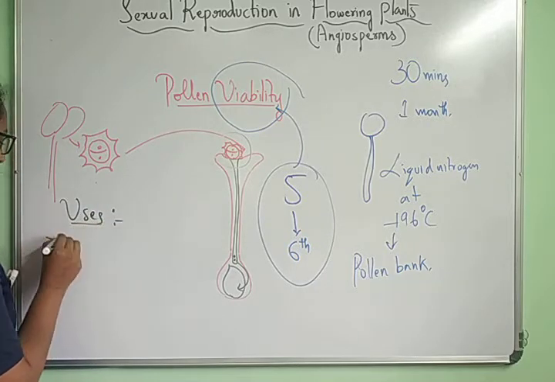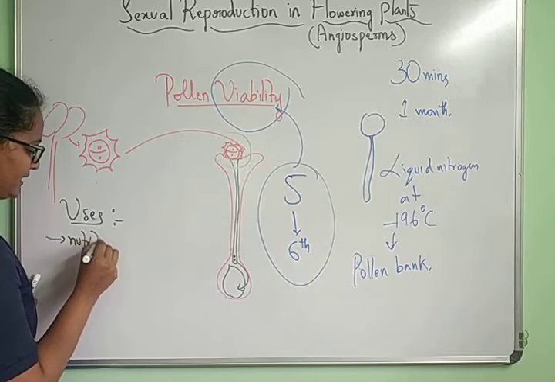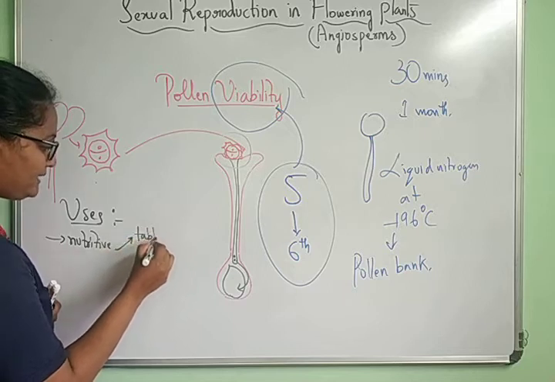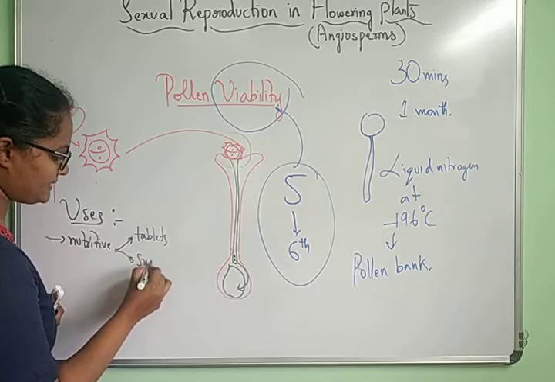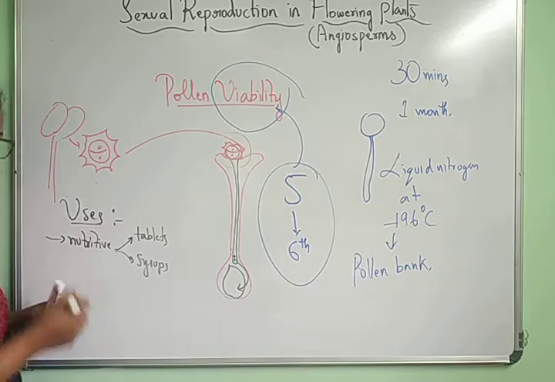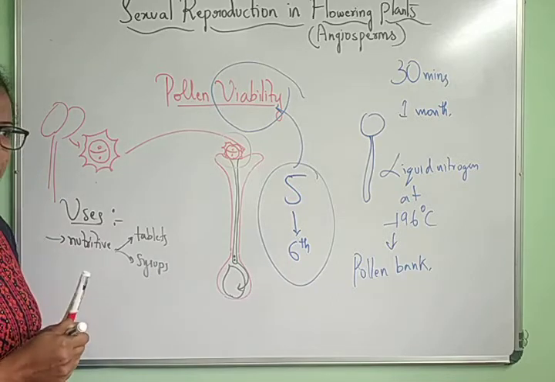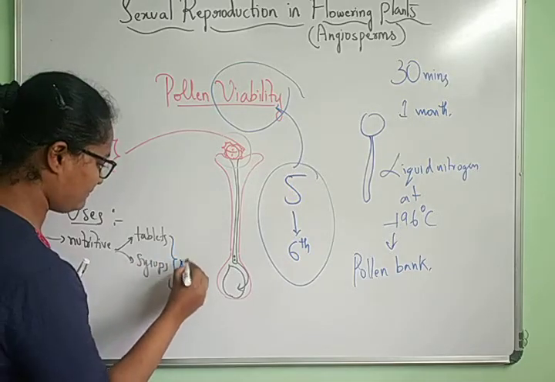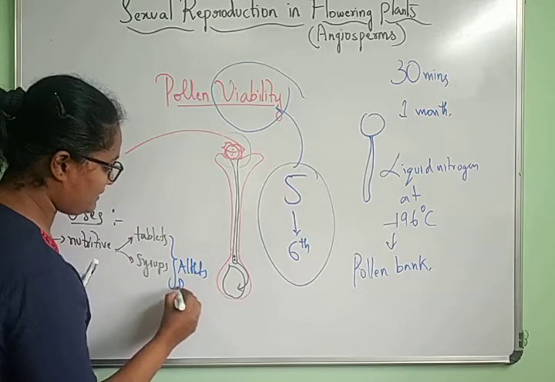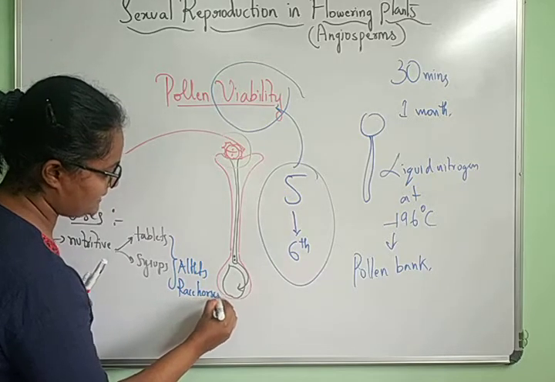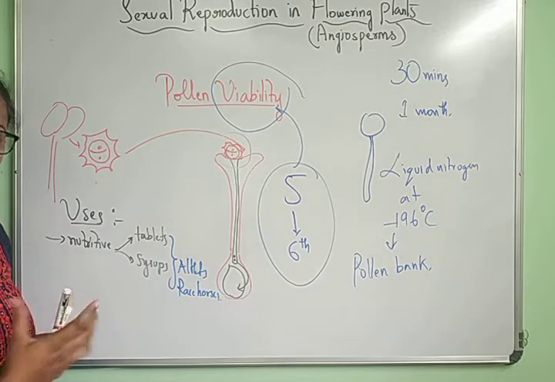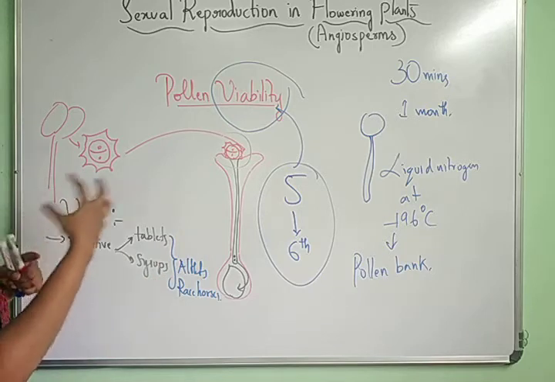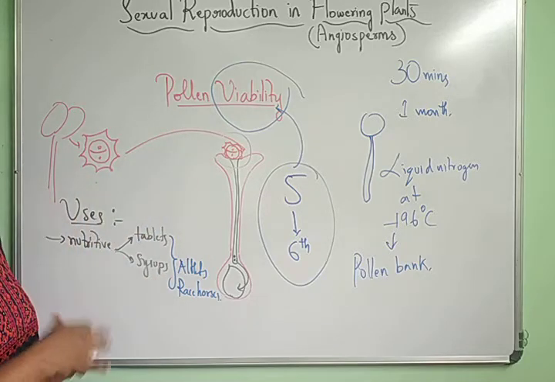Because of this nutritive nature, sometimes pollen tablets or pollen syrups are prepared, which are given to humans too, like some athletes or race horses, because they need energy to perform well. They are supplemented with tablets or syrups made from pollen grains because of the nutritive nature.